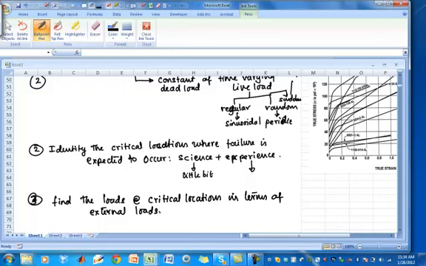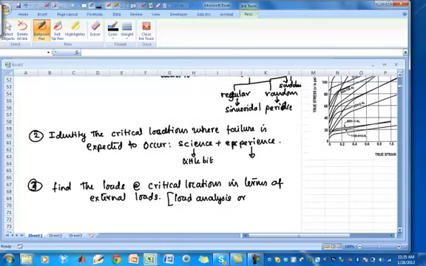So this is the next step. You have to find where the loads are going to be applied, and use that information to find. This is typically what is called load analysis or equilibrium analysis if it is statics.